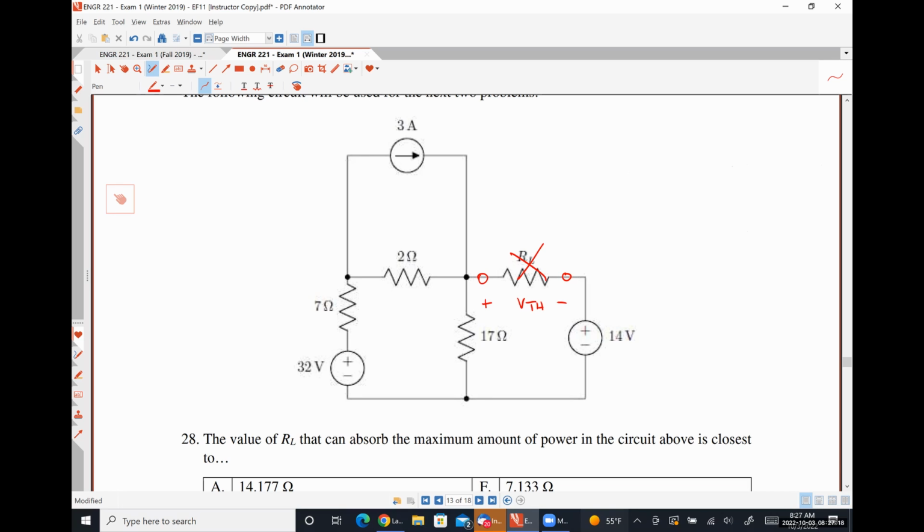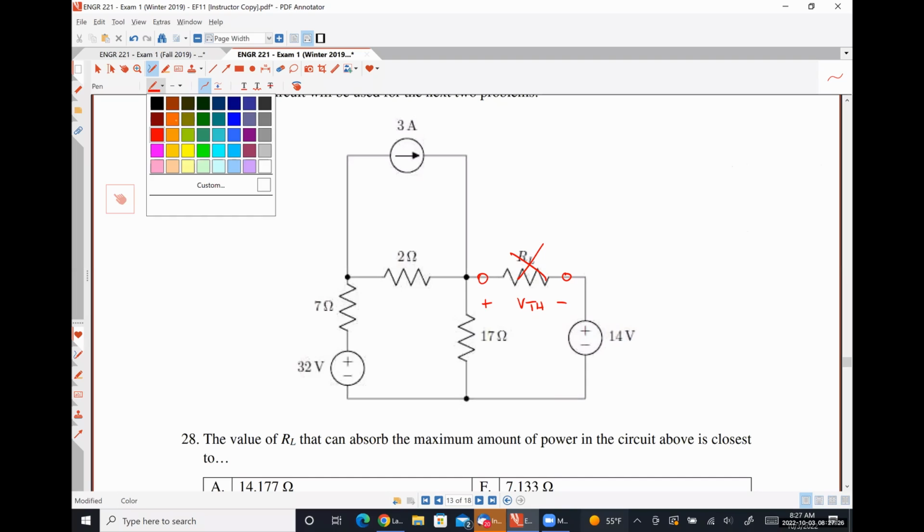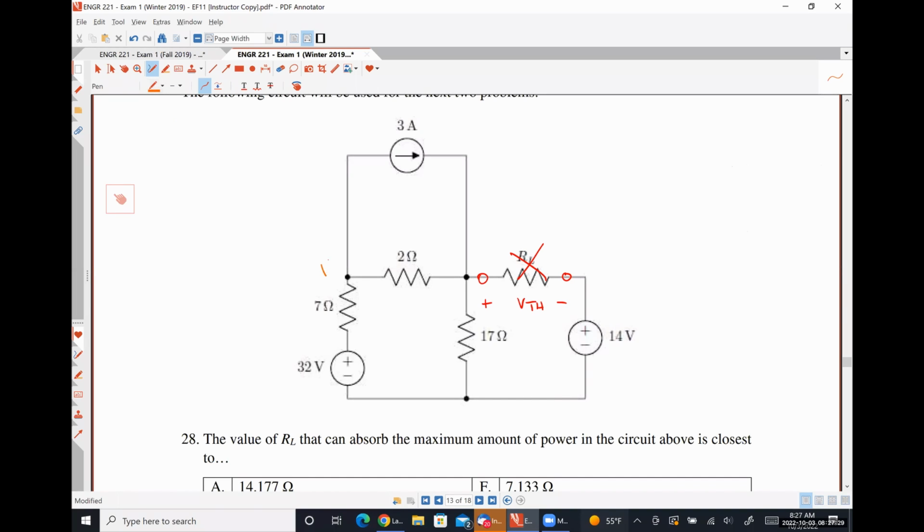So for this thing right here, we have just 2 nodes. Let's do nodal. I'm going to call this VA and this VB. And we would have (VA minus 32 volts) over 7 ohms plus 3 amps plus (VA minus VB) over 2 ohms equal to 0.